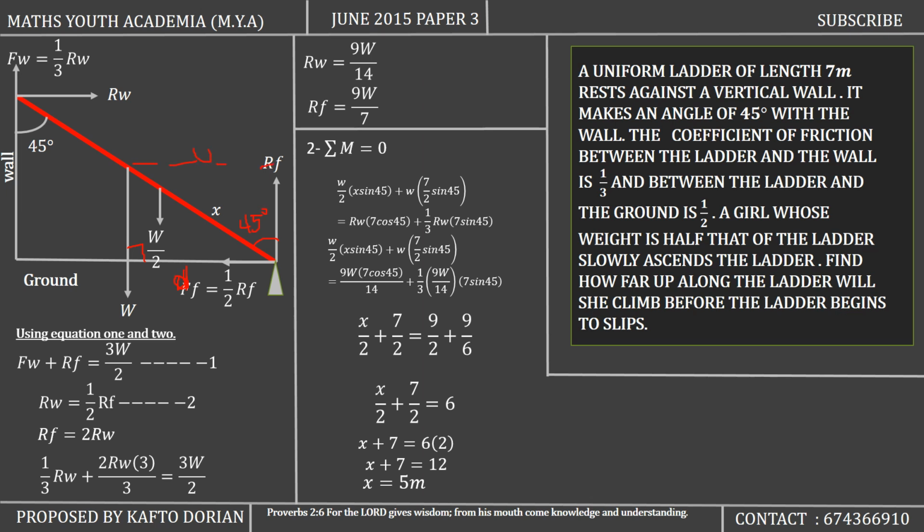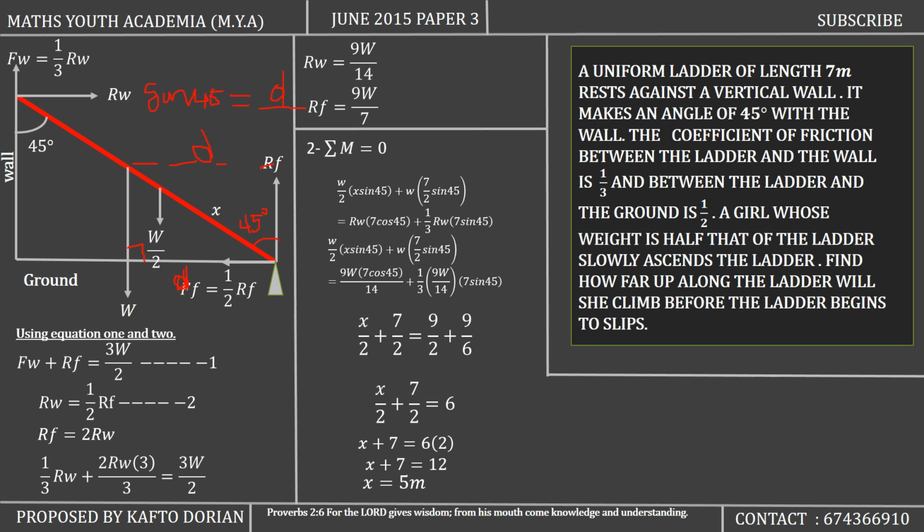So sine 45 degrees will be equal to opposite, which is D, over hypotenuse.